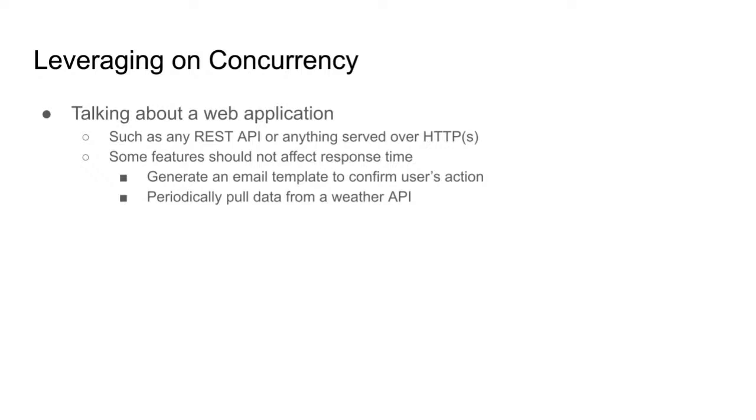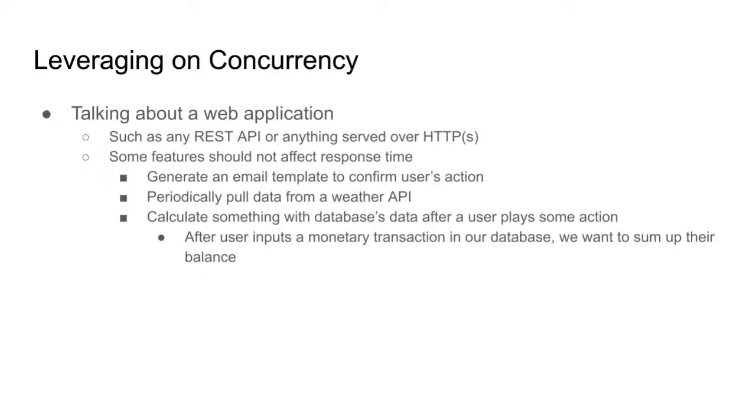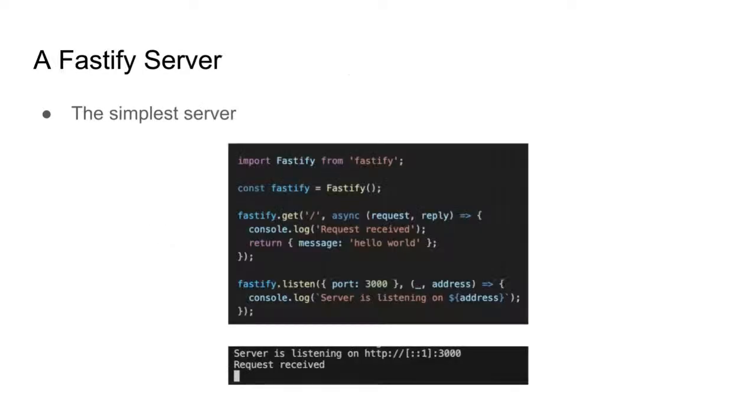Or if we want to periodically pull data from a weather API, or if we calculate something after the user plays some action, such as a monetary transaction that the user inputs, and we want to sum up their balance. It probably does not make sense to do that and let the user wait for the response. We can do that in the background.